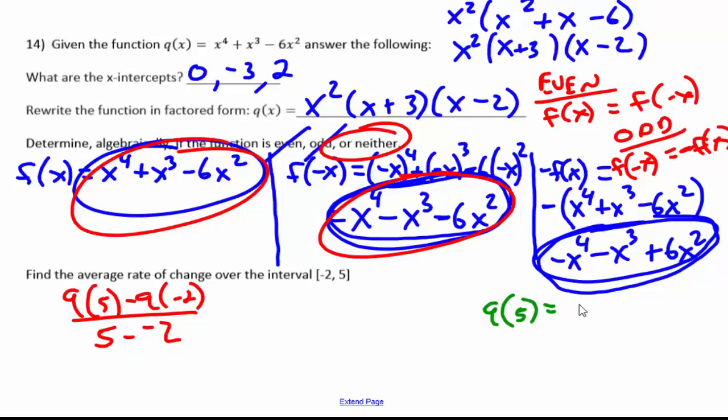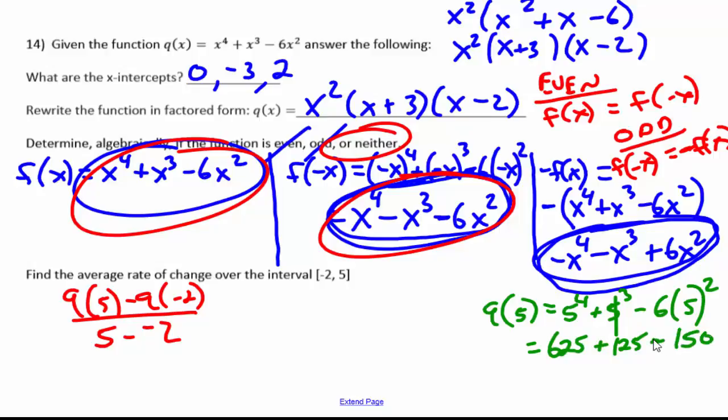Q of 5 is going to be 5 to the fourth plus 5 to the third minus 6 times 5 squared. All right, so that's going to be 5 times 5 is 25 times 5 is 125 times 5 is 625. This is 625 plus 125. And then this is going to be 25 times 6, which is 150, minus 150.